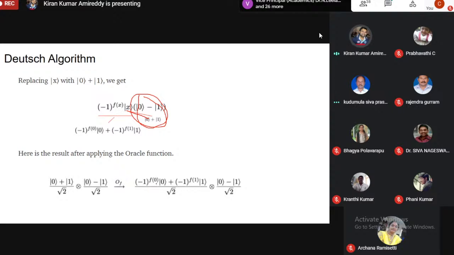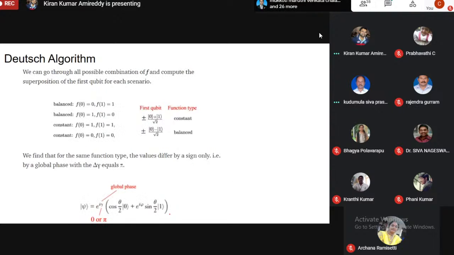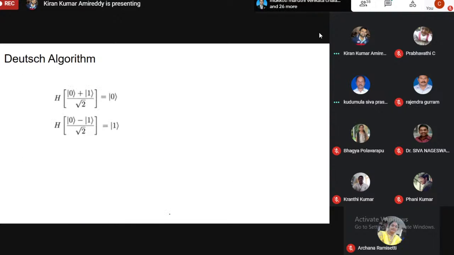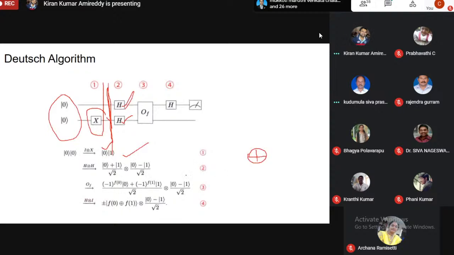So it is taking f of 0 plus f of 1. Coming to the main circuit, at the end of this operation we have f of 0 plus f of 1. So binary addition.